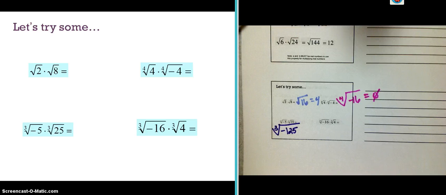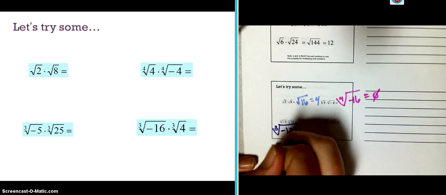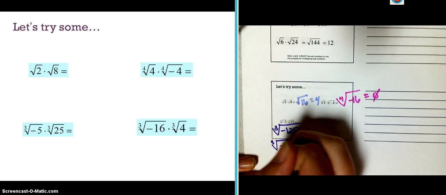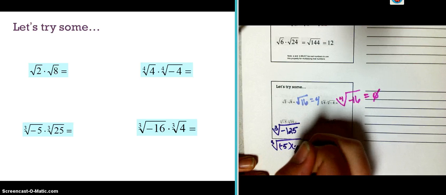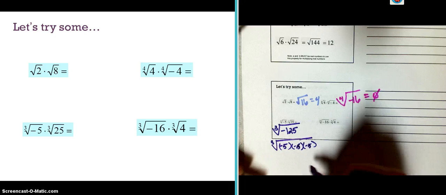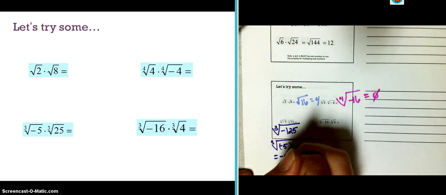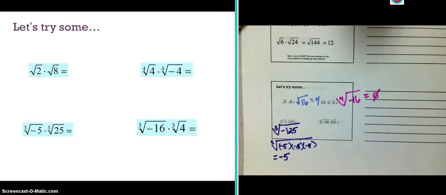So notice that 3 is odd, so this one is possible. The cube root of negative 125 is negative 5, so our answer is negative 5.